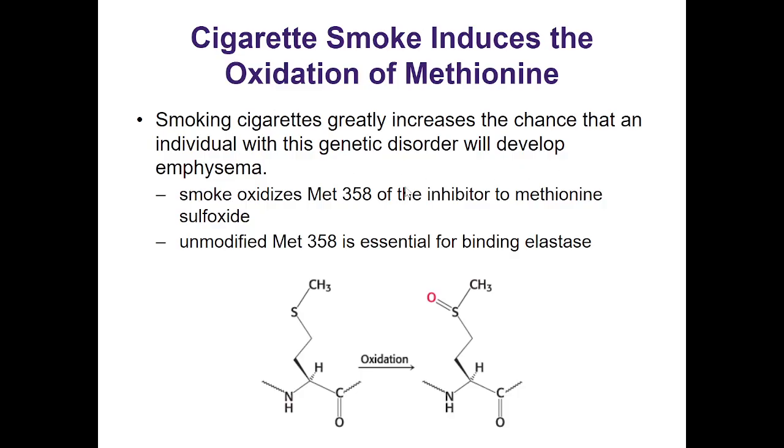The smoke is going to oxidize the MET358 of the inhibitor to methionine sulfoxide. That's methionine sulfoxide, by the way. The unmodified MET358 is going to be essential for binding the elastase. And so we've essentially covalently modified this to no longer be able to inhibit that, right? And so what's going to end up happening is we're going to end up digesting ourselves a little. Okay?